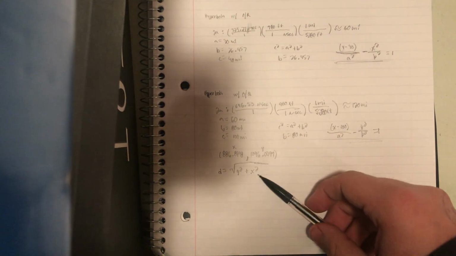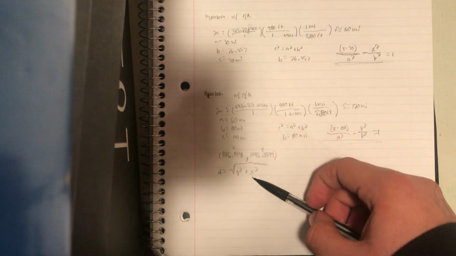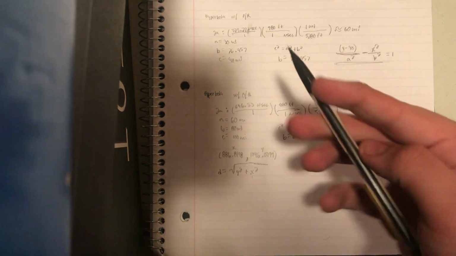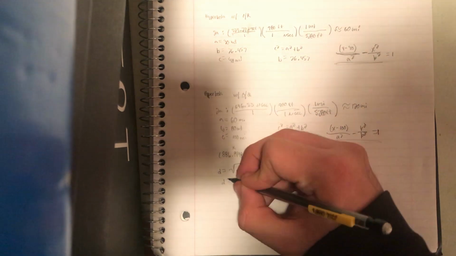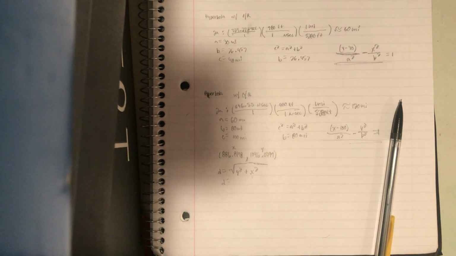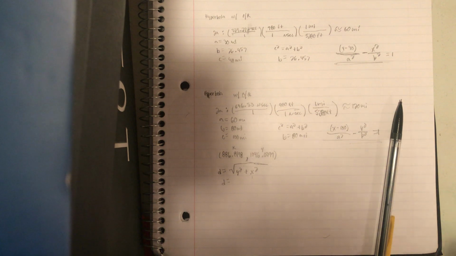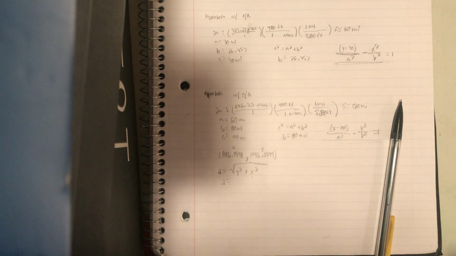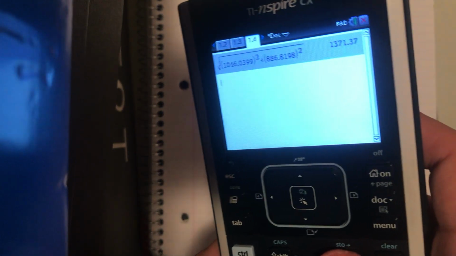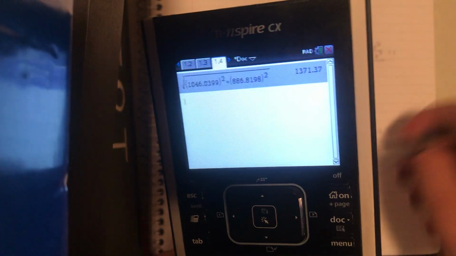All you have to do is plug in this value for x and the y value from here. You'll find the distance to be that.